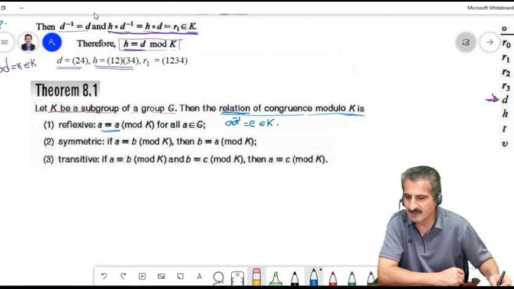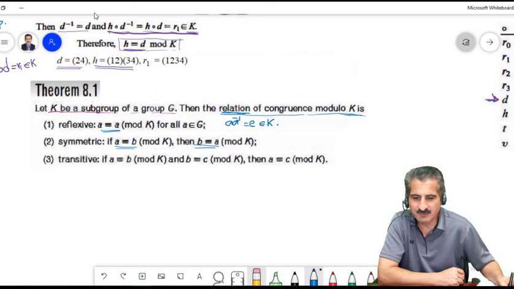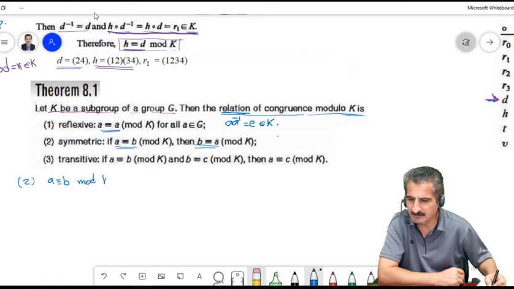Okay. Now, if A is congruent to B, then B is congruent to A. So what is the proof for that? If A is congruent to B modulo K, that means A times B inverse belongs to K, right?